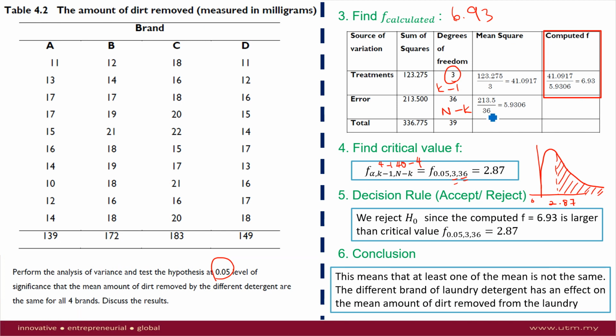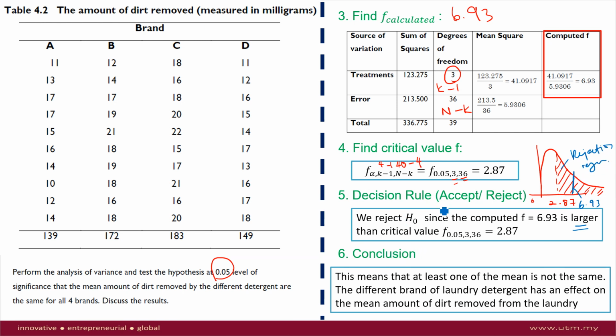So now your calculated F is 6.93, right? 6.93 is after 2.87, which is around here. Since 6.93 is inside the rejected region, or since 6.93 is larger than 2.87, that means we reject H null.